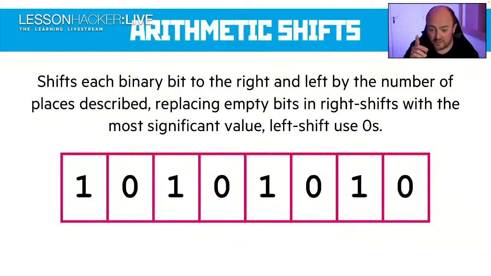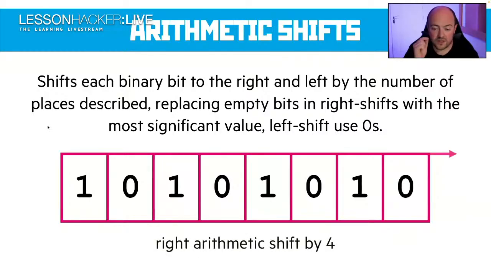Arithmetic shifts work the same way, but if we're shifting left, we fill with 0. If we're shifting right, we fill with whatever was in the most significant position. So if we're going to the right, this value here is what will fill up the empty spaces. So let's do it. A right shift by 4 will move all the data 4 places to the right. And again, if you do it on paper, cross out the 4 on the right.